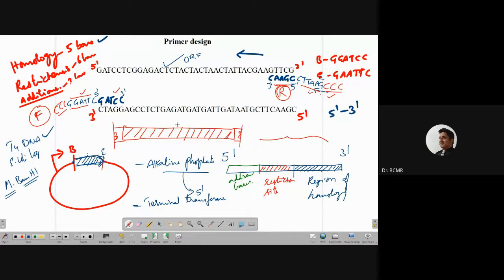If there was an internal BamHI site and you specifically want to methylate it, then you can use M.BamHI to methylate this BamHI site. Are there any other enzymes that we have missed? I think that is about it.